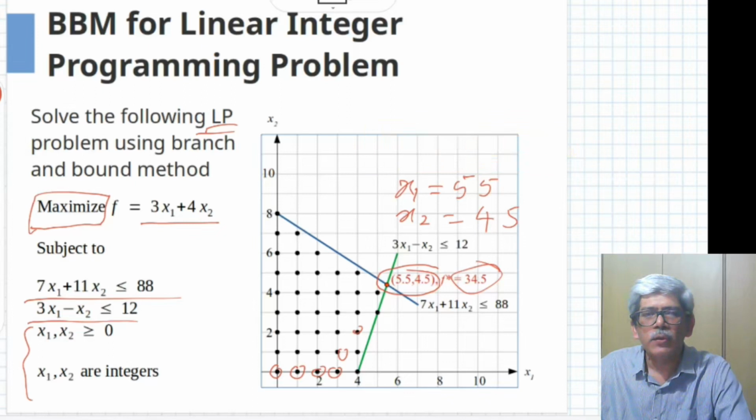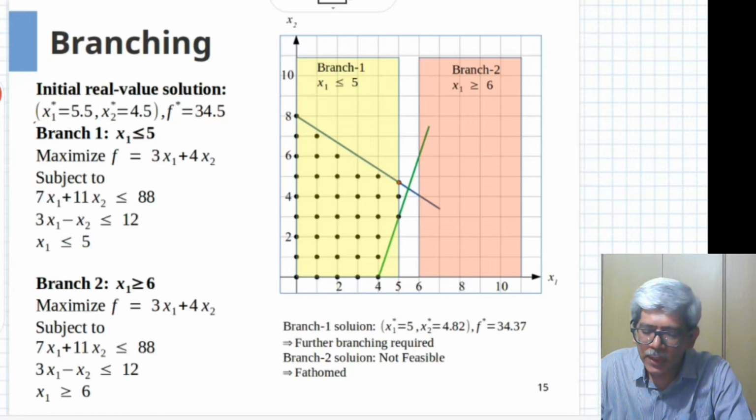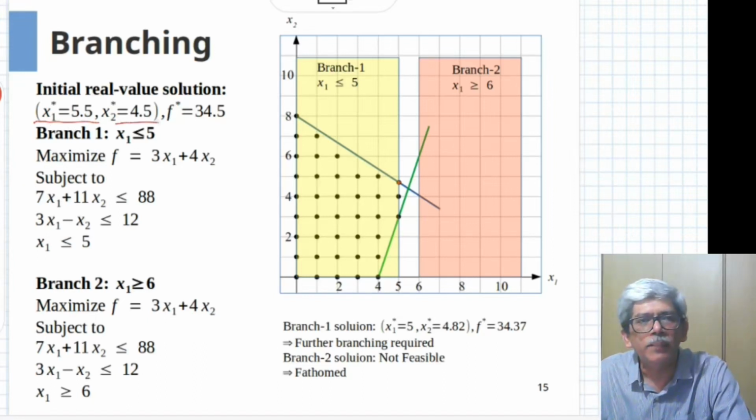Next we will have to do the branching on this particular problem. At this point I want you to pause and think, how will you do branching? Okay, so let's see how the branching is done. Your initial solution has x1 equal to 5.5 and x2 equal to 4.5.